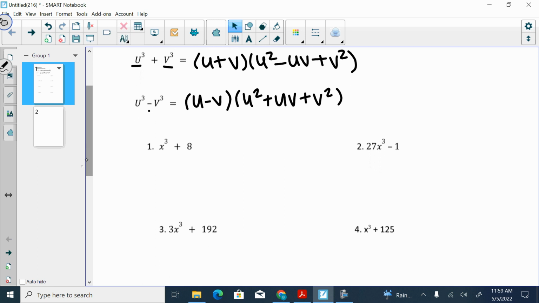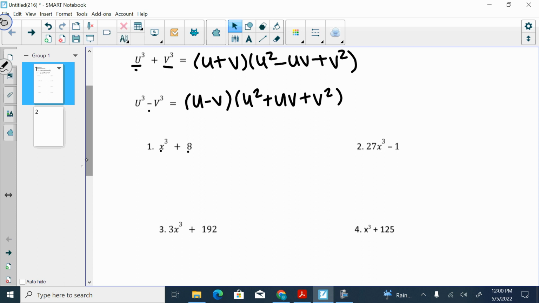I'm looking at number 1. My first term here is x to the third power, so that looks just like this one, u to the third power. But here there's 8, and the 8 is not raised to the third power. So if I want to rewrite this so that I can use this formula, I've got to turn 8 into something to the third power.